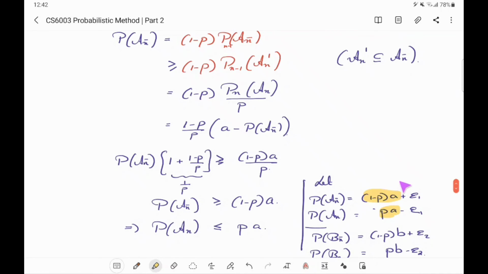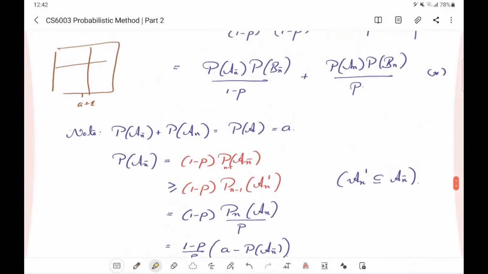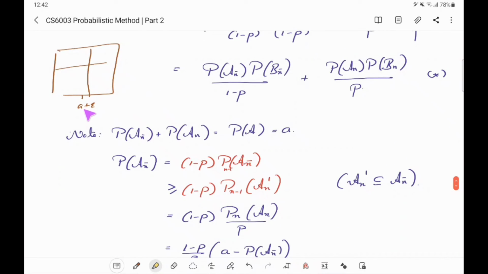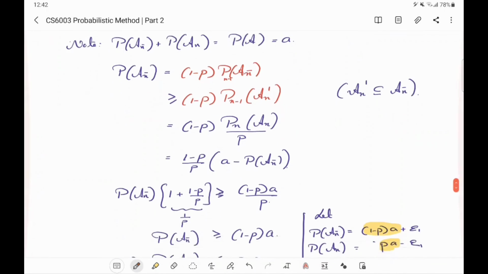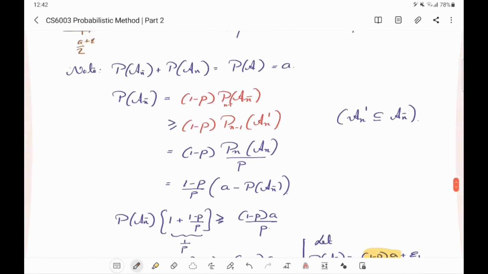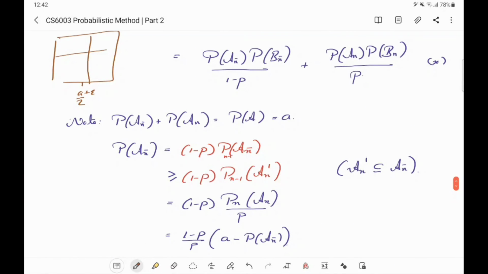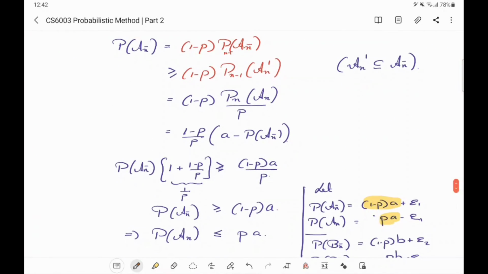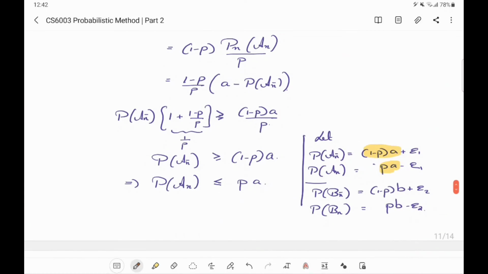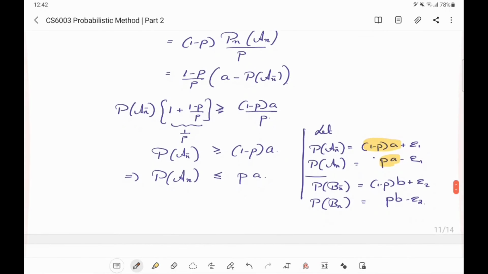But the key point is that the split point is no more half of a. Earlier it was a by 2, but it is p of a. But again, it won't be p of a plus epsilon and p of a minus epsilon. It would be p of a plus epsilon and 1 minus p of a minus epsilon. So go through this derivation ideally by yourself rather than looking at this.